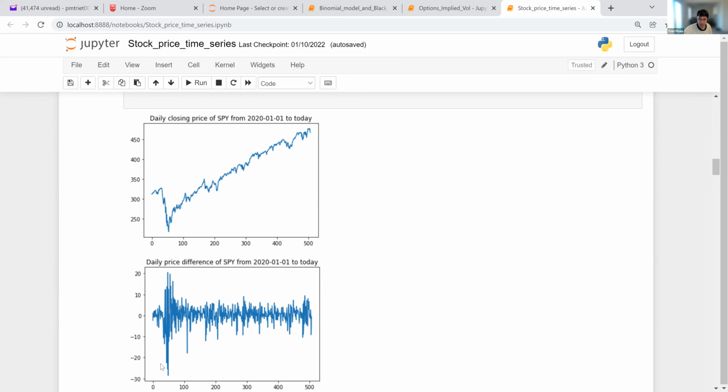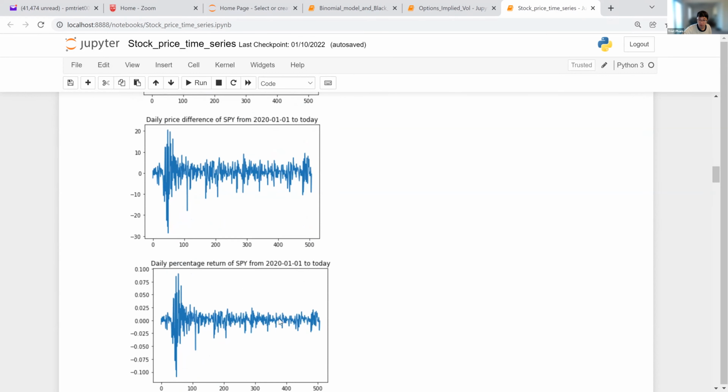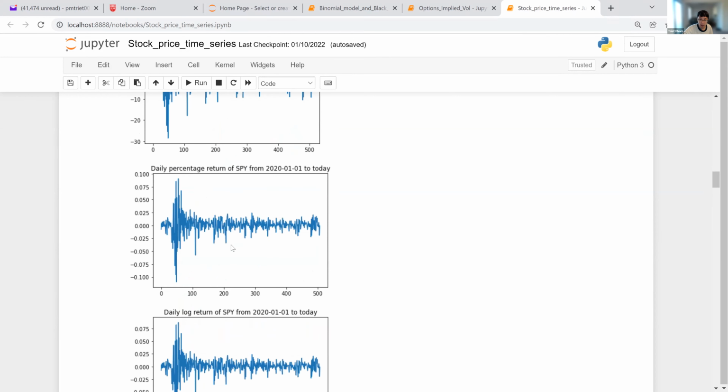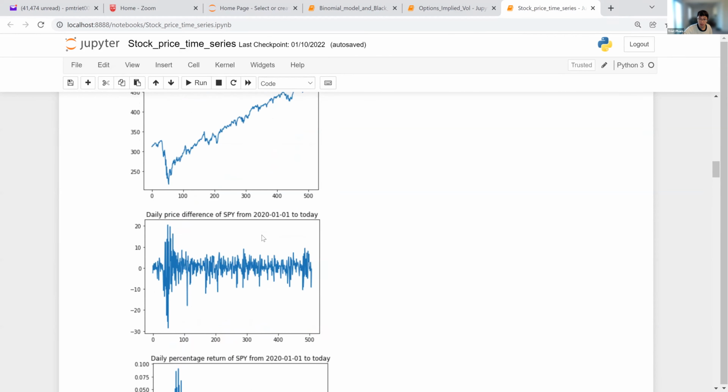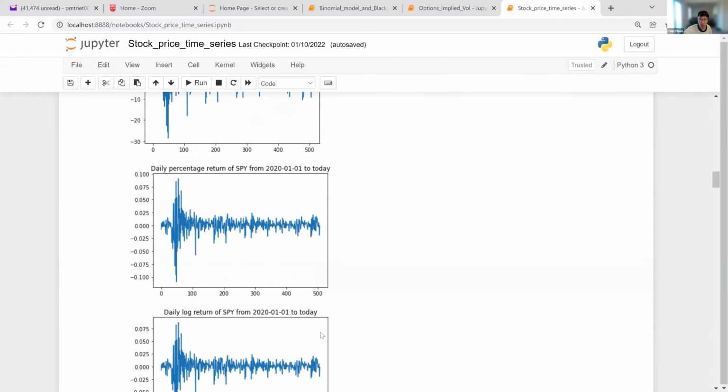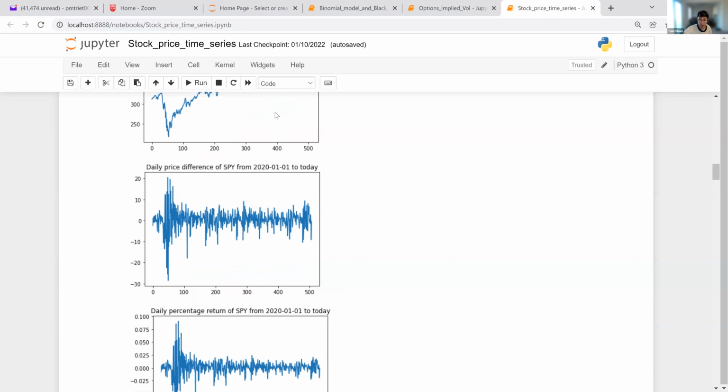Of course, this guy jumps out like a sore point. I'll address that later. And if you normalize it by the stock price, it's even better. Notice the scale. So this is the point: you want to model these rather than the stock price itself.